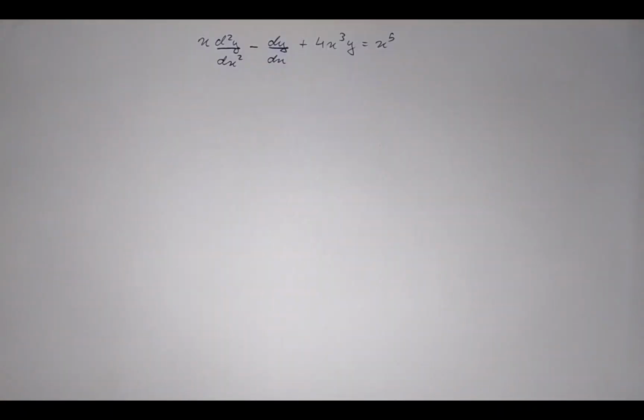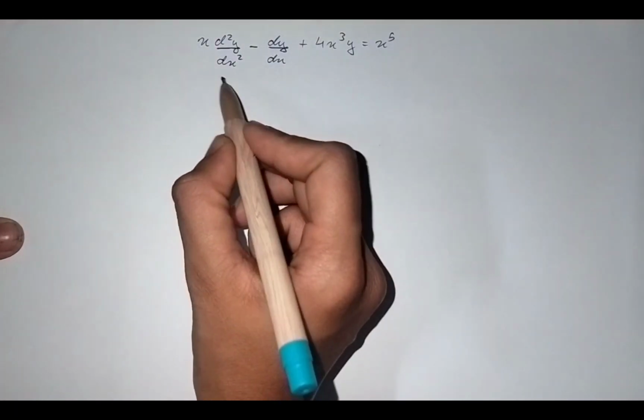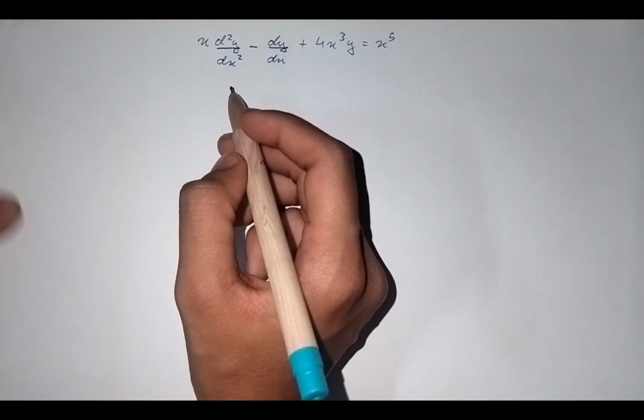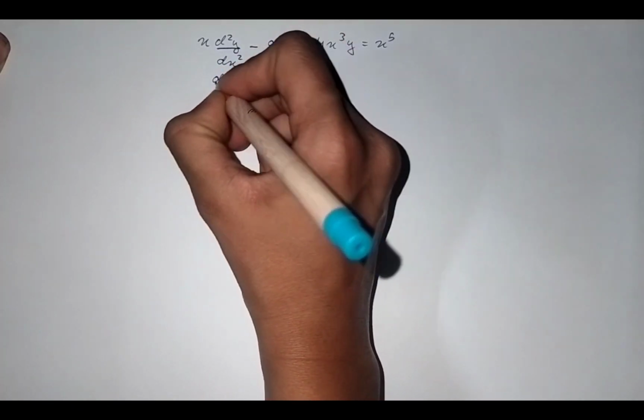Today, we are going to solve the given second order differential equation with a variable coefficient using the method of changing the independent variable. First, our aim is to make the coefficient of d square y by dx square 1. So we divide the entire equation by x.